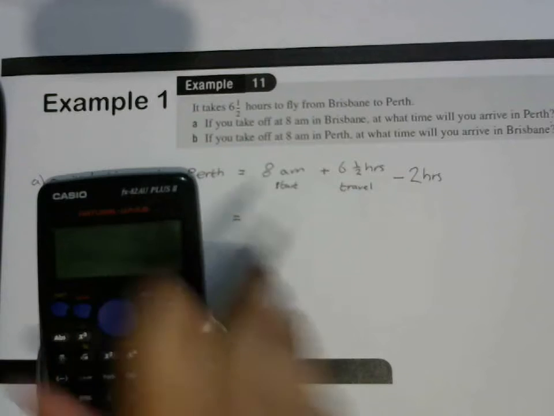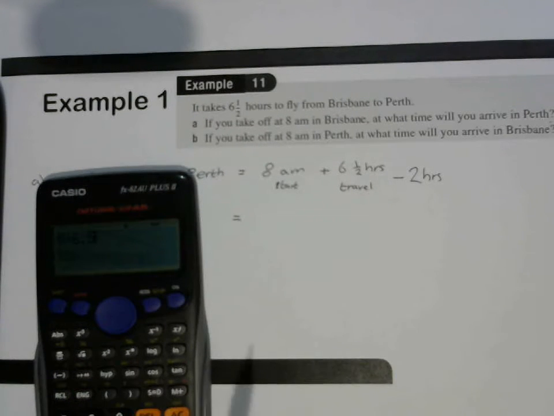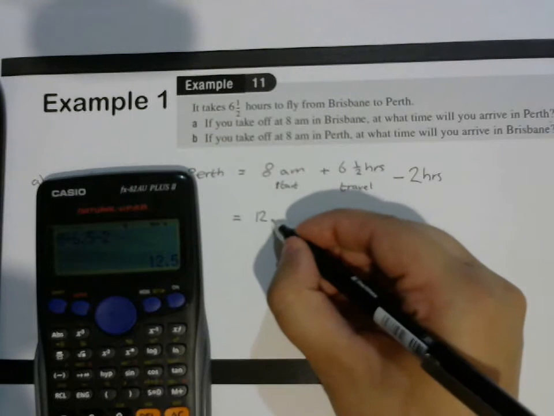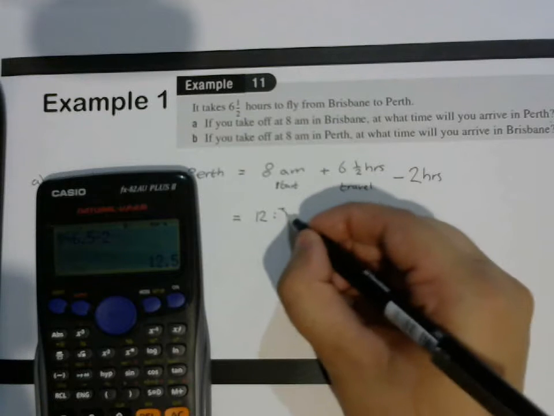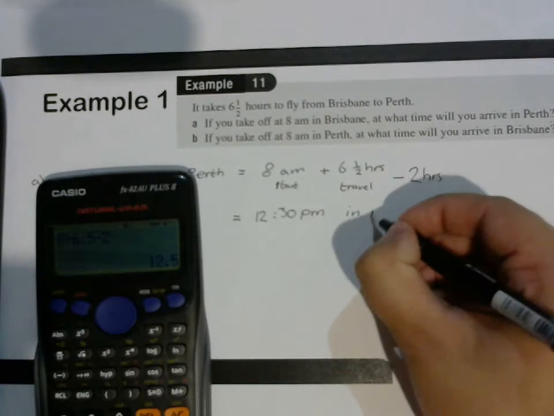Now I can use my calculator here. 8 plus 6.5 minus 2 equals, that is 12.5, so that'll be 12:30 PM in Perth.